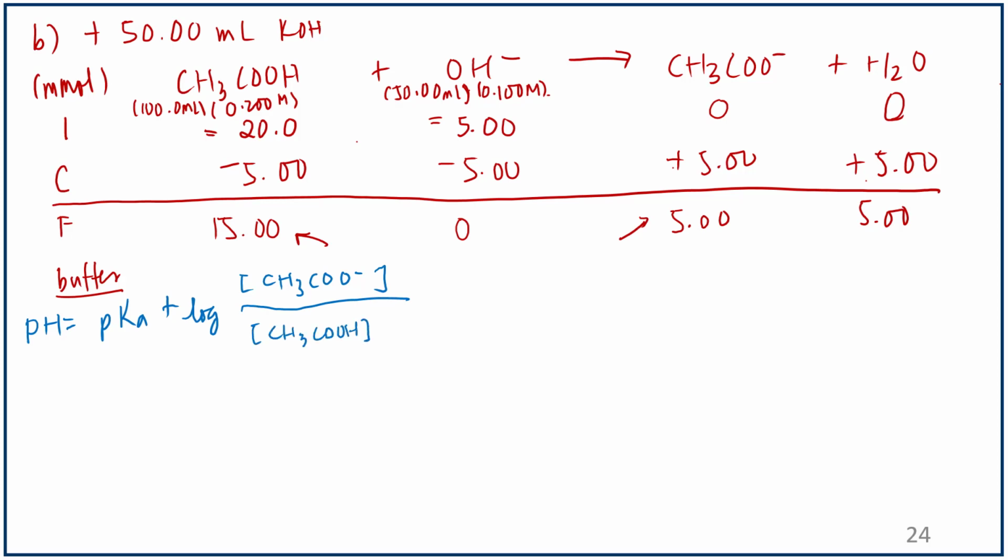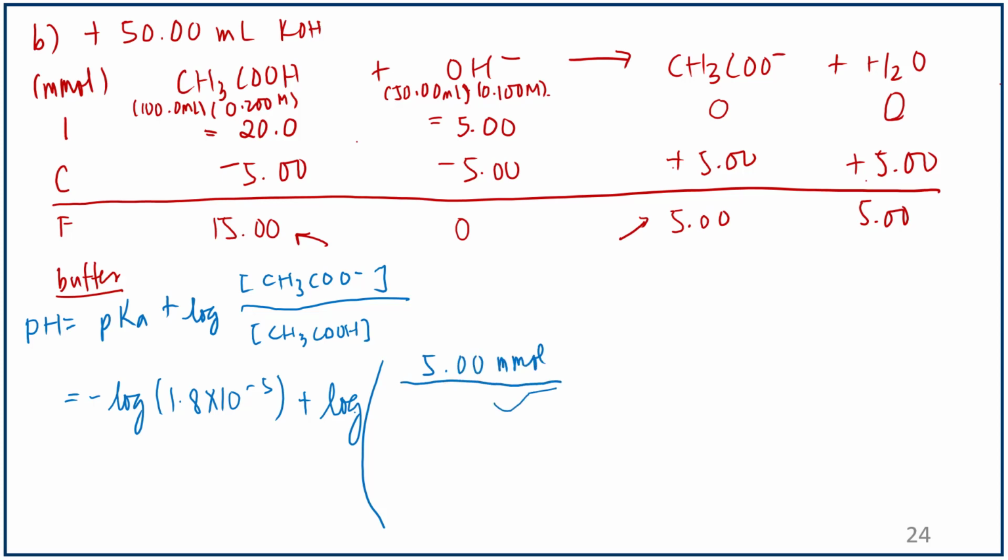So let's plug in these numbers. pH should therefore be equal to negative log of 1.8 times 10 to the negative 5, plus log of, let's solve for the concentration of acetate ions, but let's not determine the molarity and instead plug in the numbers. So for acetate ions, 5.0 millimoles divided by 100.0 plus 50.00 ml.